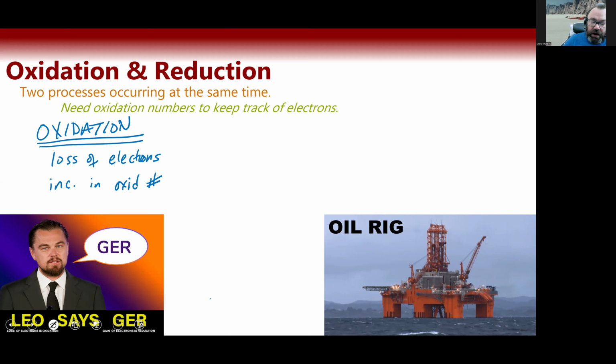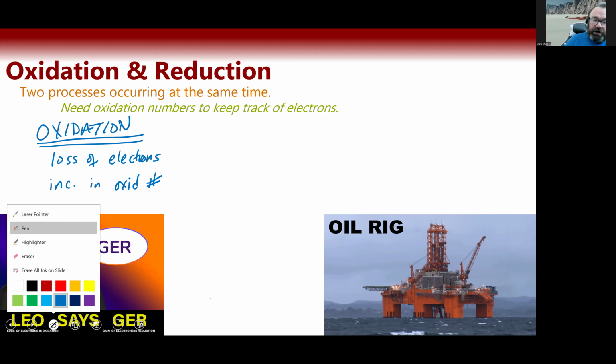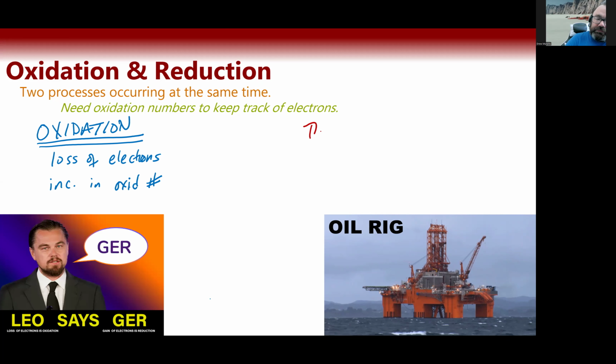On the other hand, we have the other process, which is reduction. And in a reduction, sometimes it's thought of as picking up hydrogen. So when we get into organic chemistry, we talk about picking up hydrogens and adding hydrogens to stuff is reducing the molecule down.